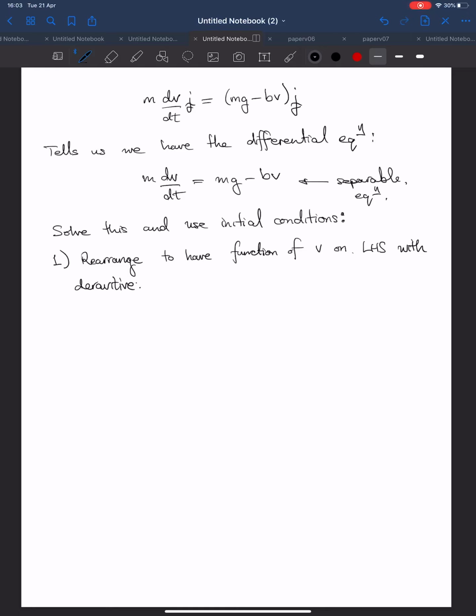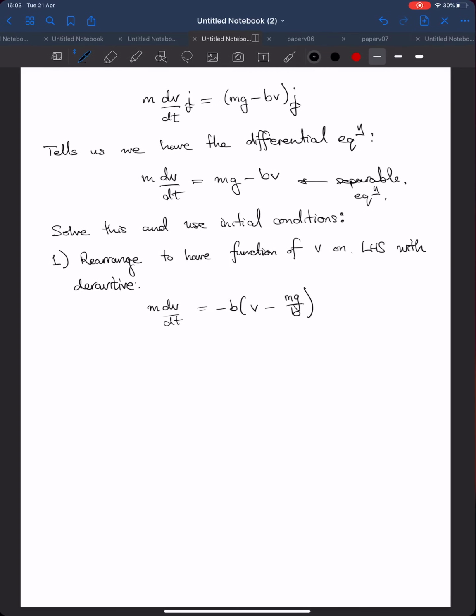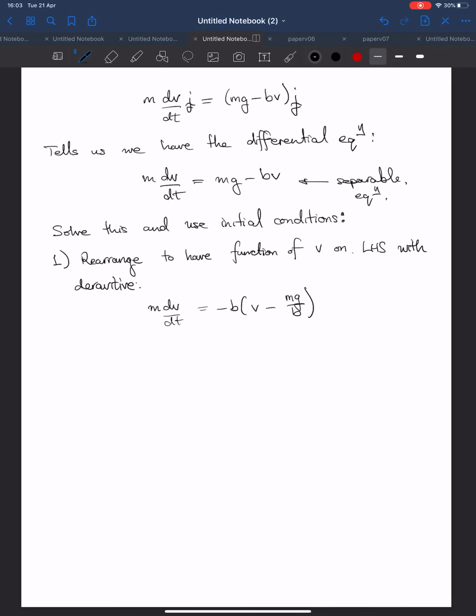So if I just do some manipulations first, m times dv by dt, if I factorize out on the right hand side, if I factorize out minus b, what I have is v minus mg over b. And then what happens is I can divide by this factor.